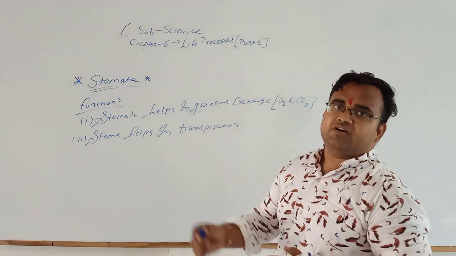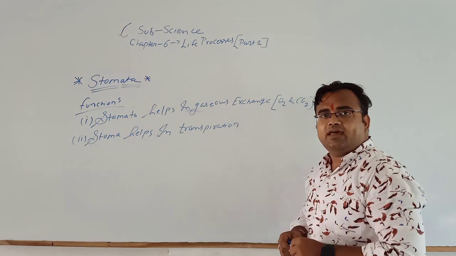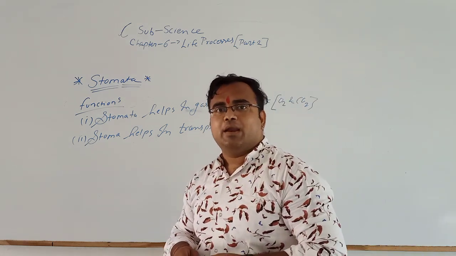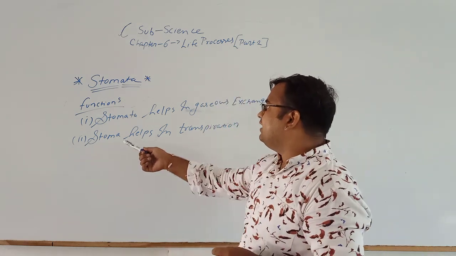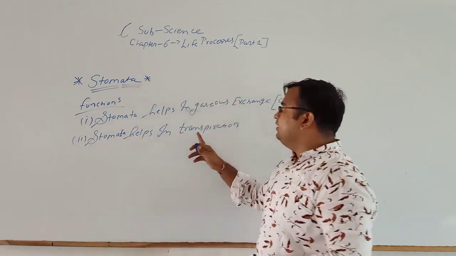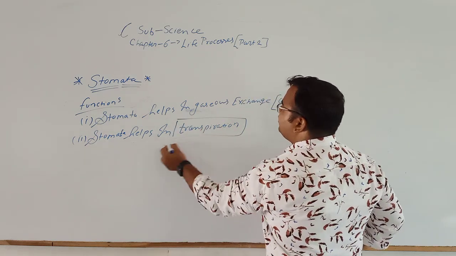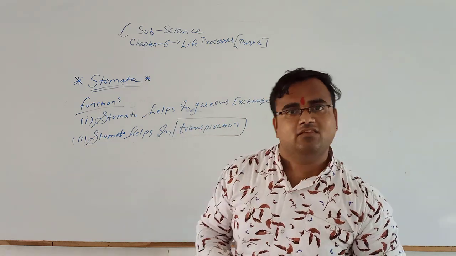The first function of stomata is gaseous exchange, that is oxygen and carbon dioxide, and the stomata help in transpiration. Now I know there will be one question in your mind: what is transpiration?